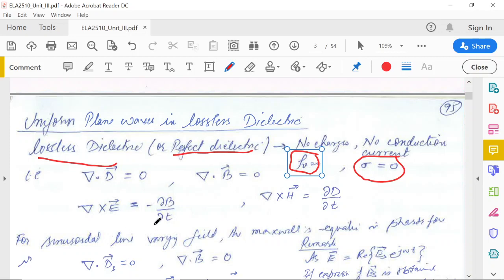Now here we will consider the time harmonic field, or the sinusoidal time varying field, and for this type of time varying field we will obtain the wave equation and its solutions. So in general, in nature, many of the phenomena are governed by sinusoidal variation.